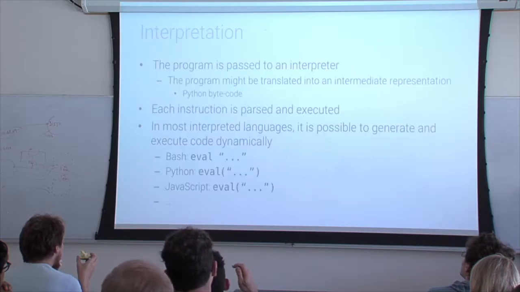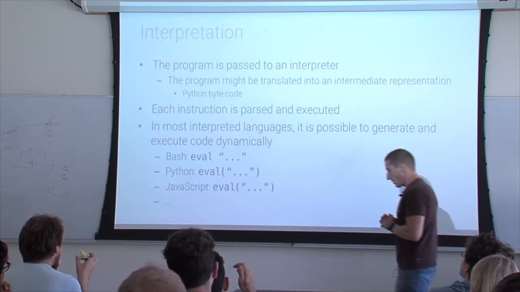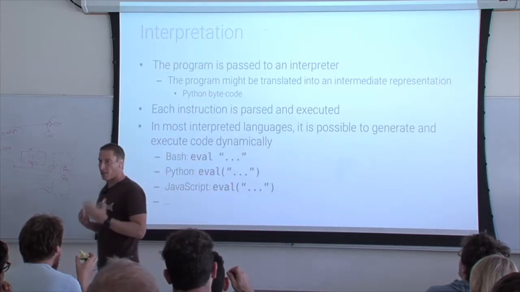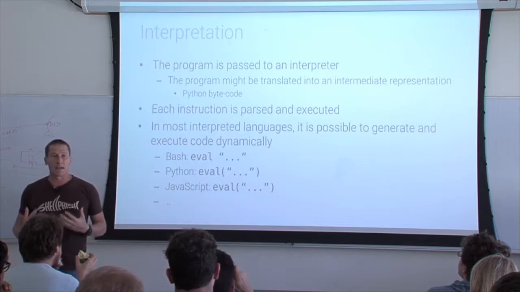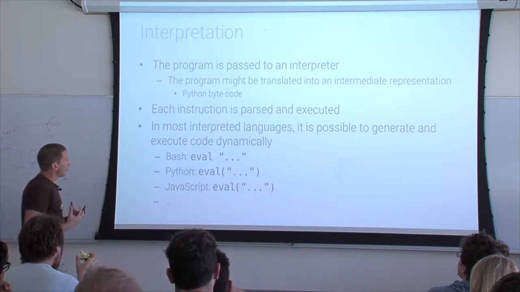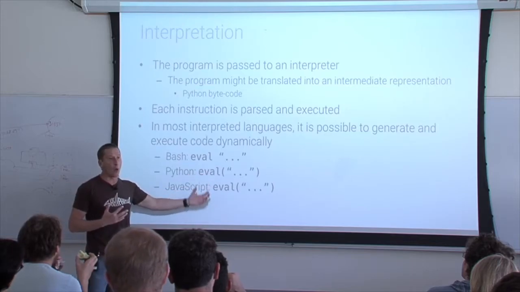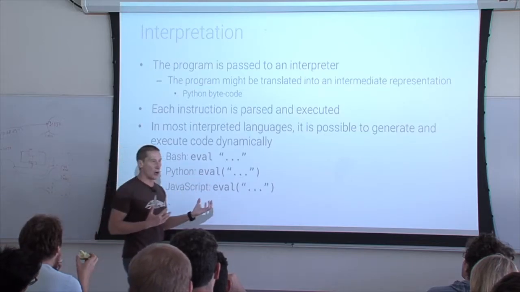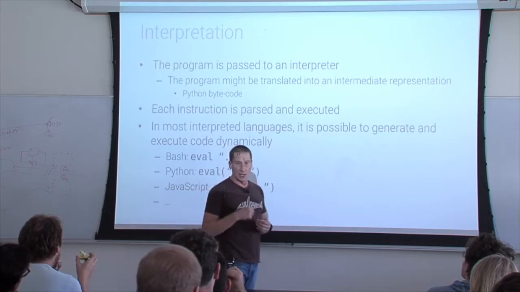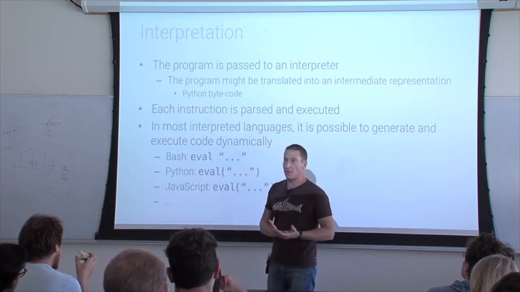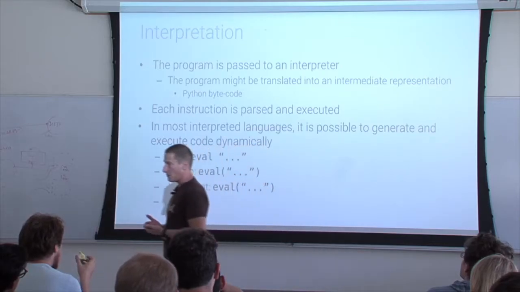Let's talk briefly about interpretation, because it's something that we will see last. There is one aspect that is important in interpretation: most interpreted languages have a way to execute code dynamically. So they can take a string, call eval, and suddenly your string becomes code that gets executed immediately.